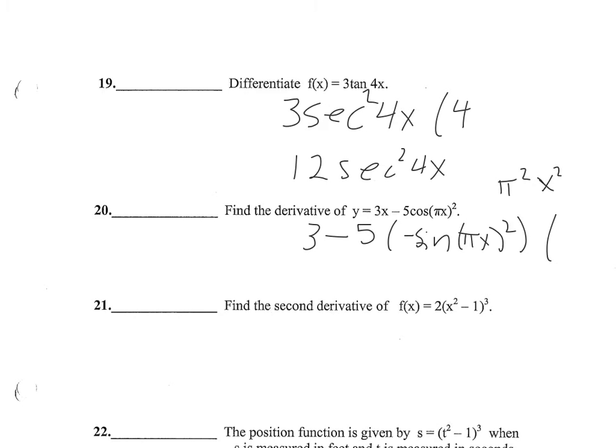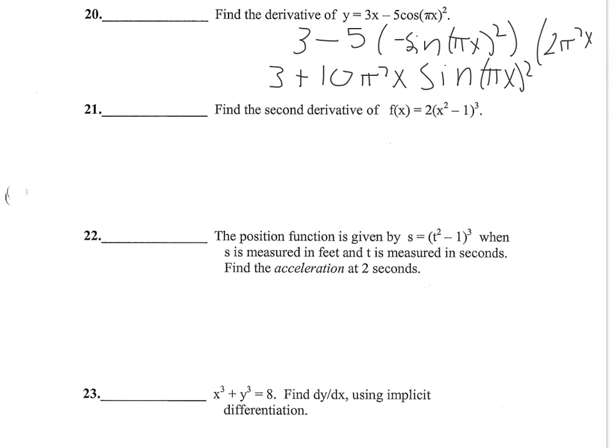So now I can think of its derivative as just 2 pi squared x, and put that out in front. So now I have 3 minus 10 pi squared x, and there's a negative sign there, so that makes that a plus, and then sine of pi x squared.